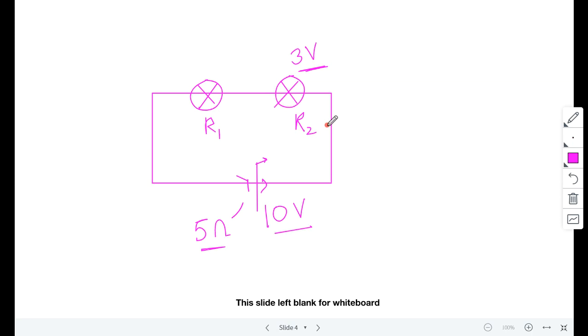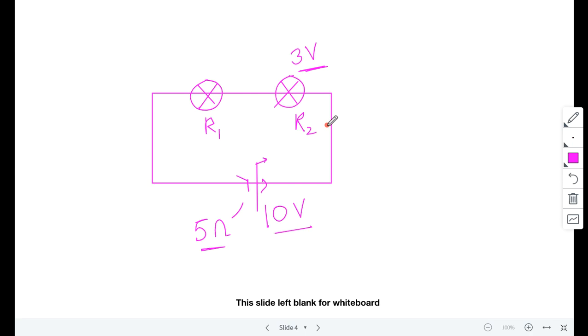Okay. Since I need to find the current, I'm thinking of current, voltage, ohms.